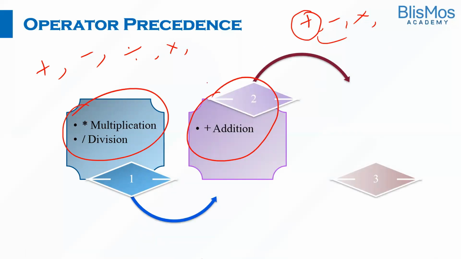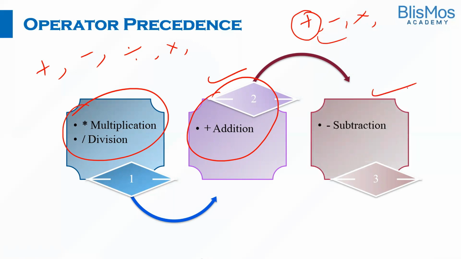Then addition is given the next preference. Then we have subtraction. So before subtraction, addition is to be preceded. Before addition, multiplication is to be preceded. So whenever you have a set of arithmetic operations, multiplication or division will be done first, addition next, after that subtraction.